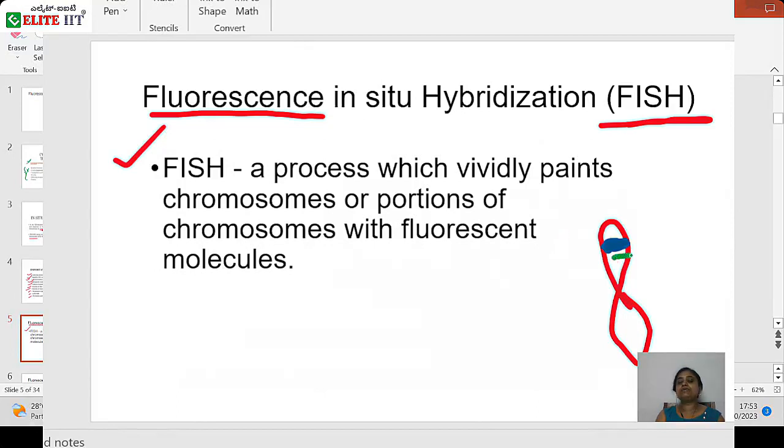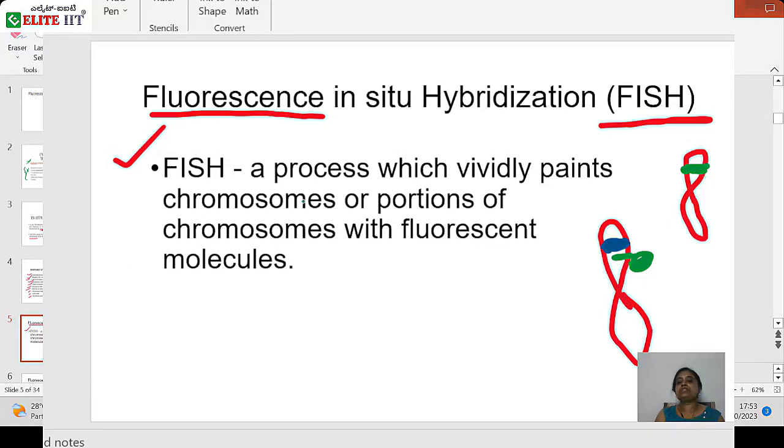If the probe is attached with a green fluorescent compound, then when you see the chromosome through the microscope, you will find green color. That one sequence, that one position, will be green colored. You will visualize it through the microscope as the green color in this way.